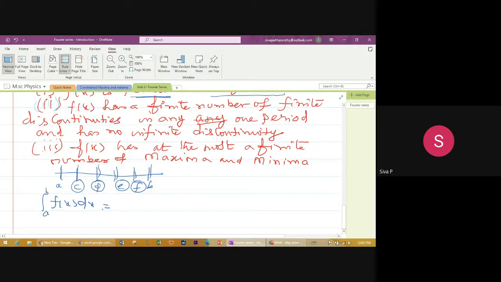So a to b f of x dx can be written as integral over a to c plus integral over c to d plus integral over d to e plus integral over e to f plus integral over f to b. The starting and ending points are the same. The value will not be changed when the function is a continuous function.